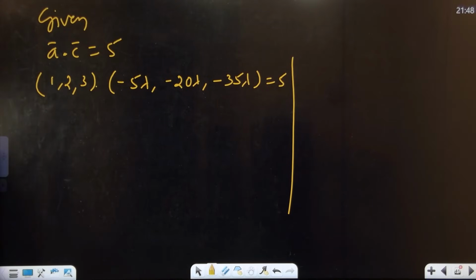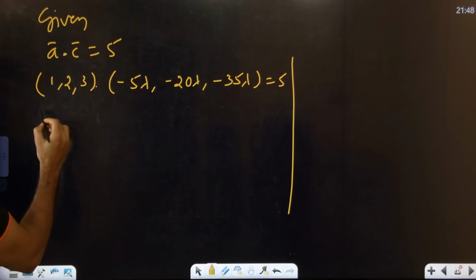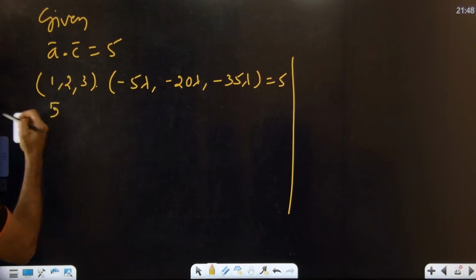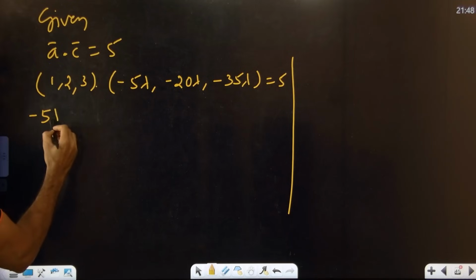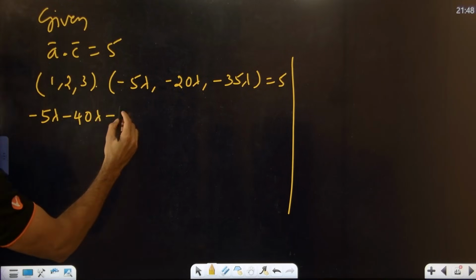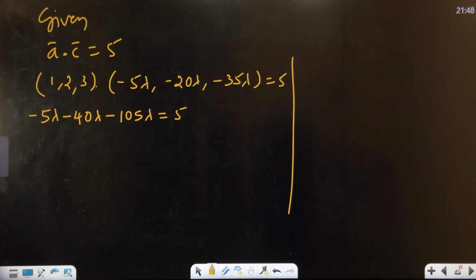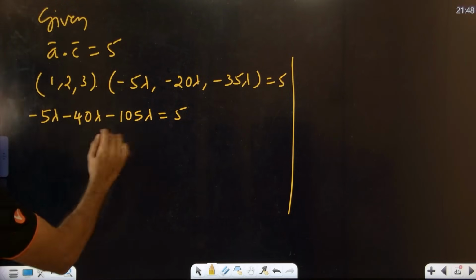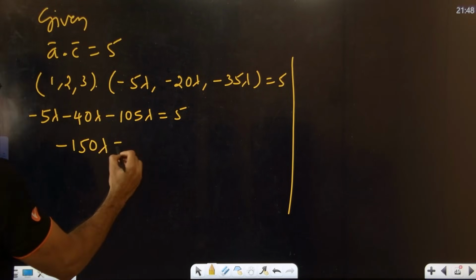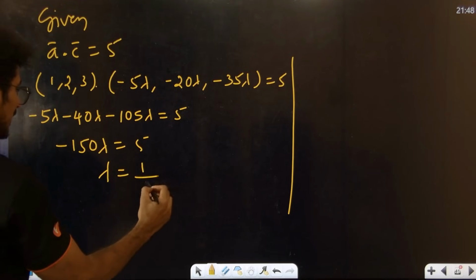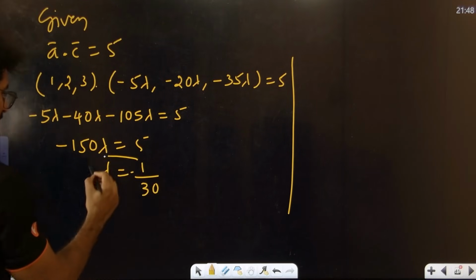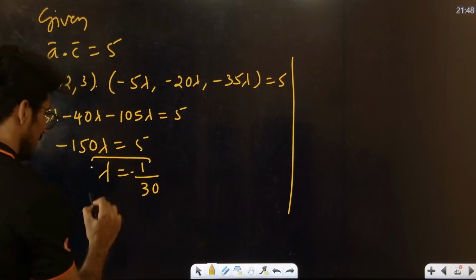Yes or no? We'll just multiply; dot product means minus 5 lambda, minus 40 lambda, minus 105 lambda is equal to 5. So how much? Minus 150 lambda is equal to 5. Lambda is equal to minus 1 by 30. Any doubts? Lambda value is minus 1 by 30.